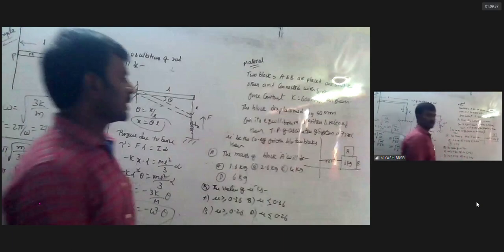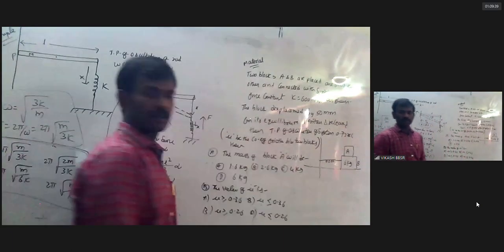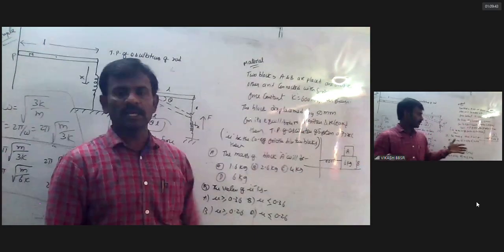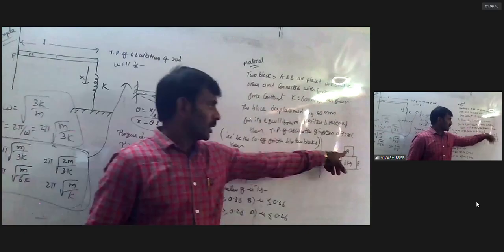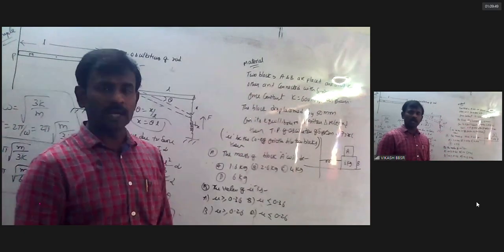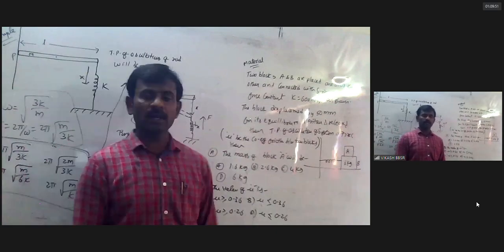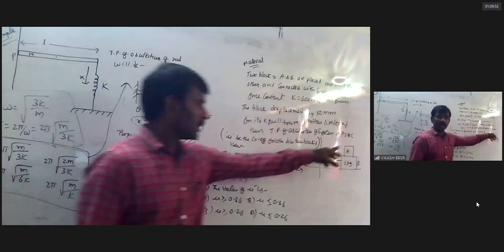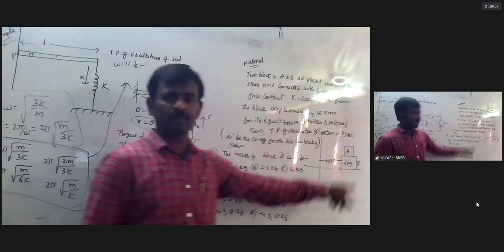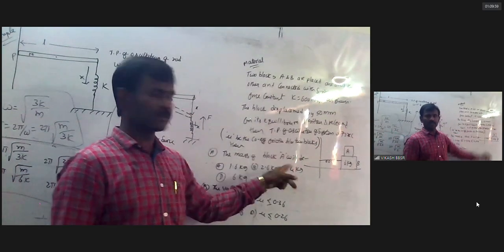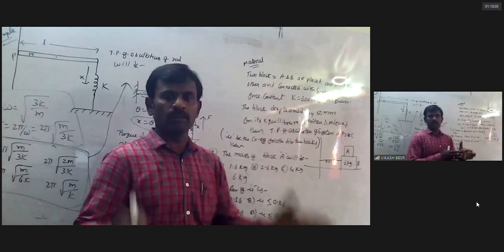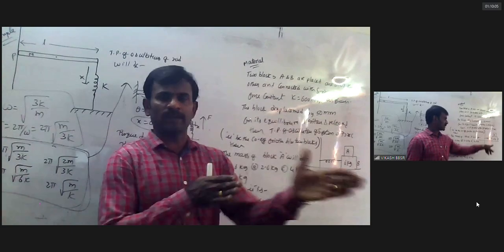Then one thing you confirm from this question: is there any case for block A to lose the contact with block B? Time period of oscillation of the system means both blocks move together and should not slide from the surface.